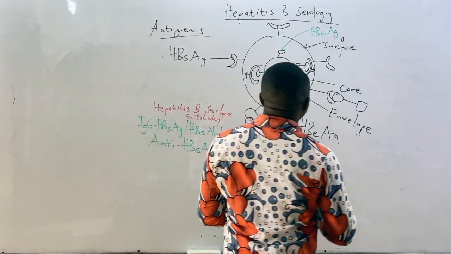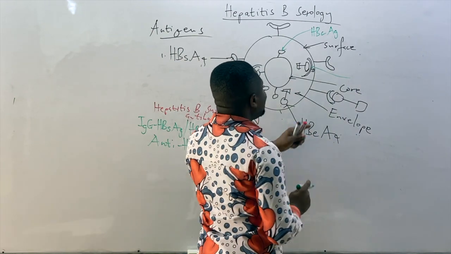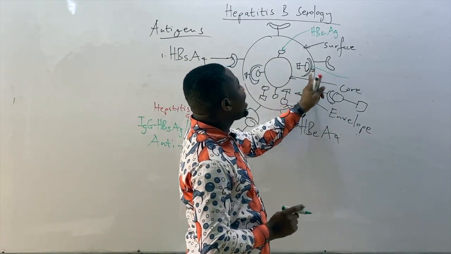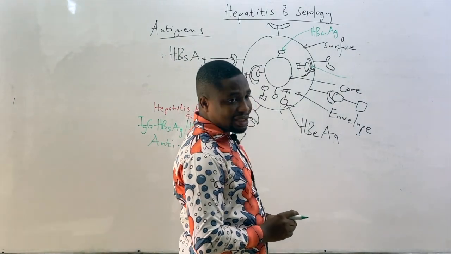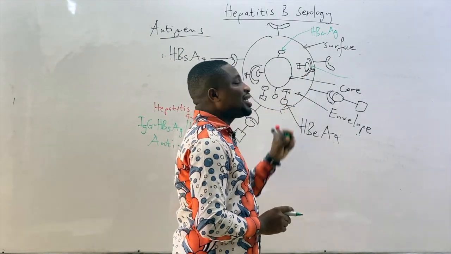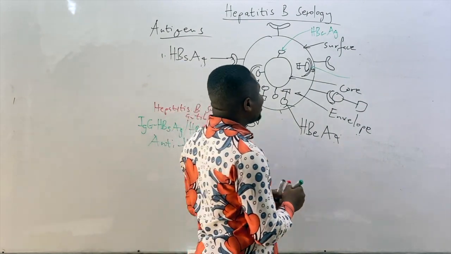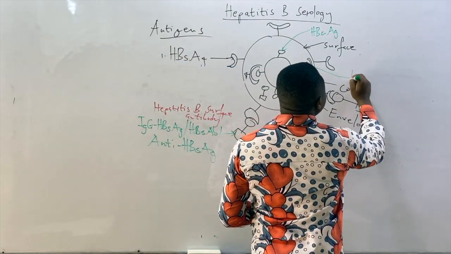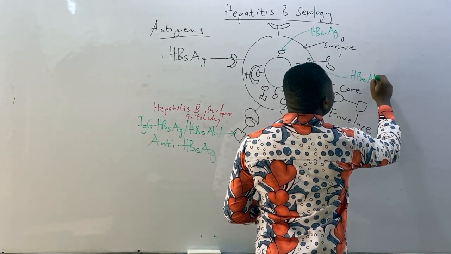The next one will be the one that we've labeled here. As you can see, this antibody is going against the hepatitis B e antigen. The antibody is working against hepatitis B e antigen, so in that manner, this is the hepatitis B e antibody.